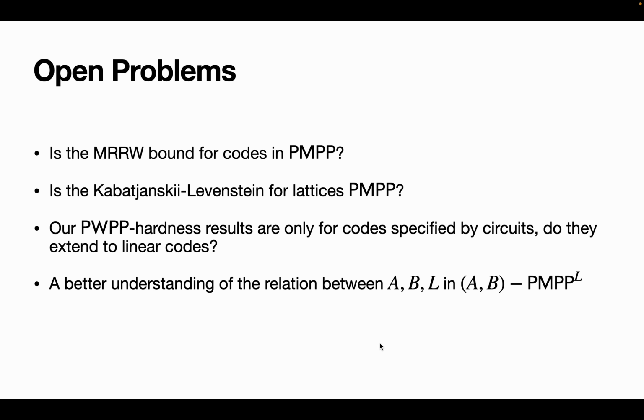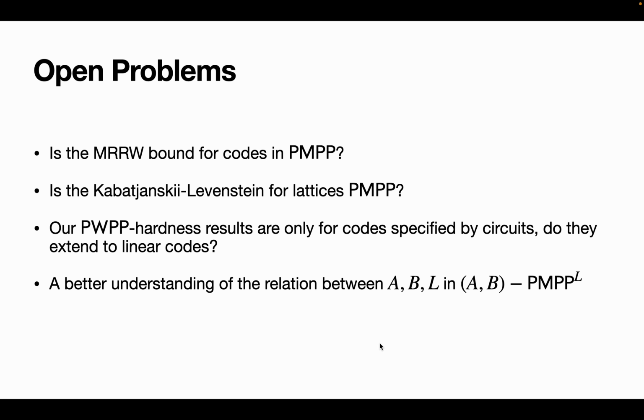Similarly, the Kabatsiansky-Levenstein bound for lattices is proved using Fourier analysis. It's the best bound for lattices that's known, and there doesn't seem to be a nice combinatorial proof out there. So we ask, can you put it in PMPP, or is there some other natural TFNP subclass where this bound belongs.